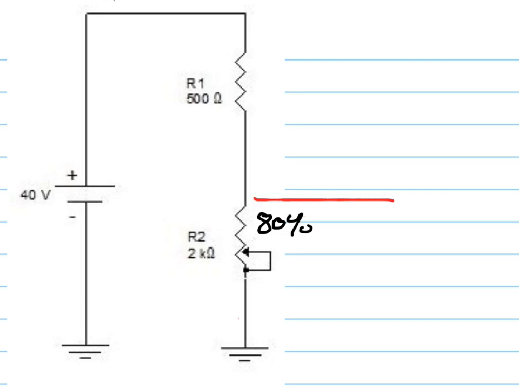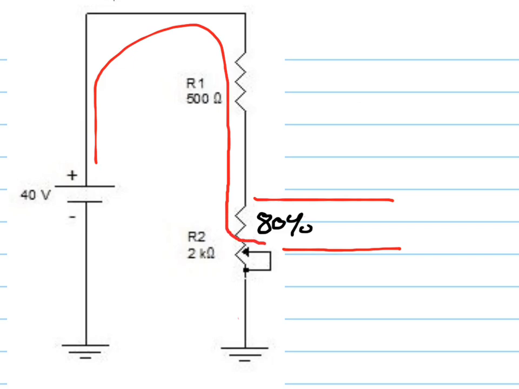So now 80% is available. For the current, I think we're using conventional current. Yes, so it's going to go like this, and then around like this. So here it's 20% shorted.